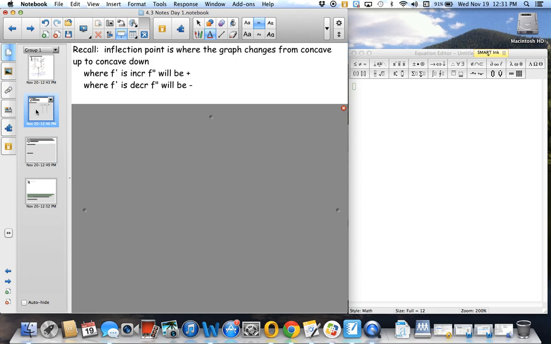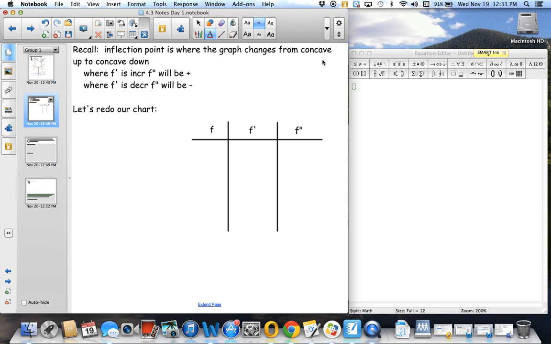Well, now where f prime is increasing, f double prime will be positive. So let's expand our chart. I'm going to type in what we already had. In this column, we already had increasing, decreasing, max, min. Now I'm going to add concave up and concave down to it, and then we're going to add inflection point. All right, that's what we're adding. So we're expanding our t-chart.